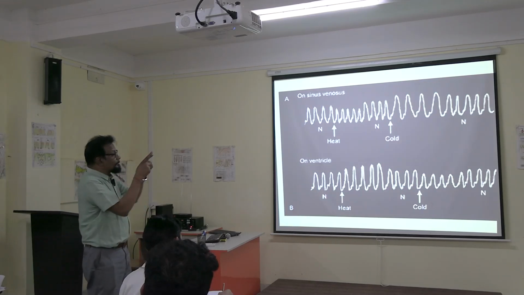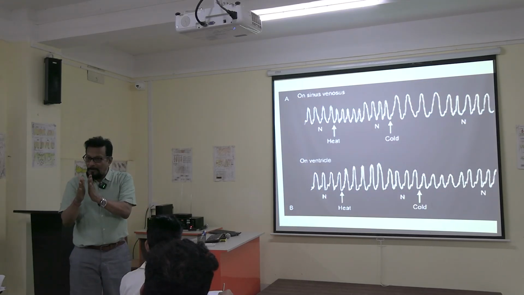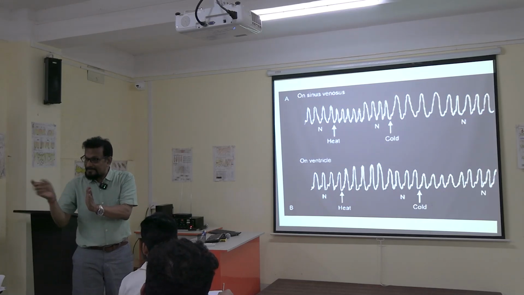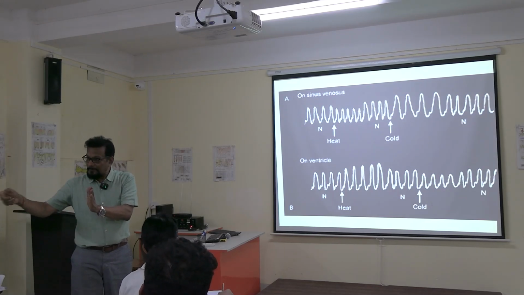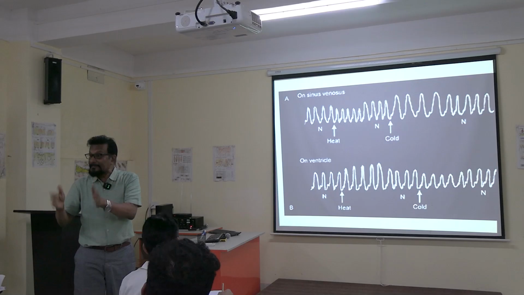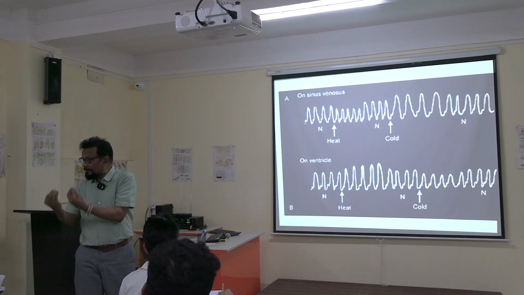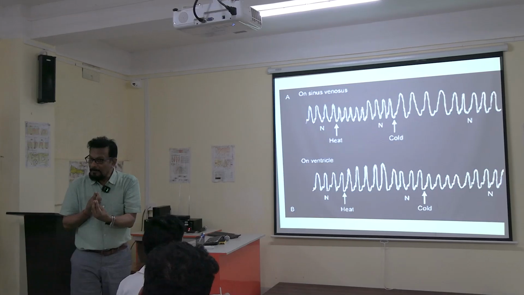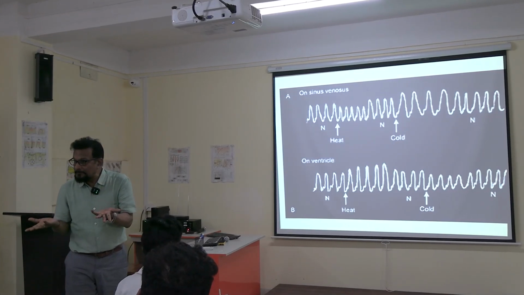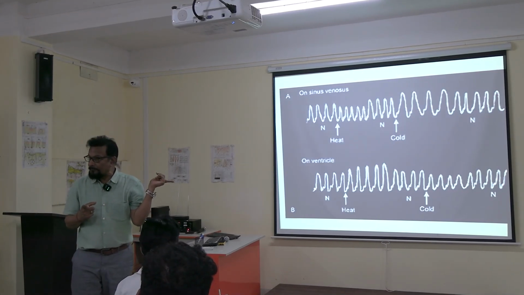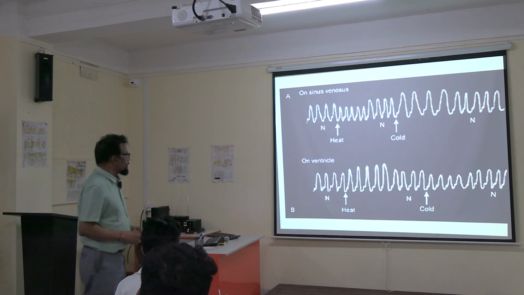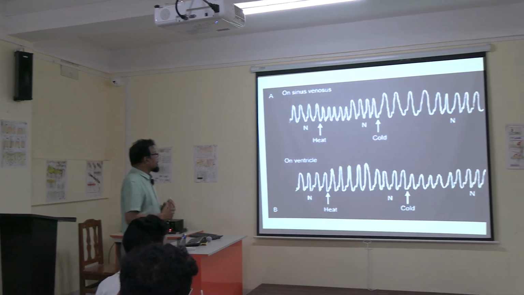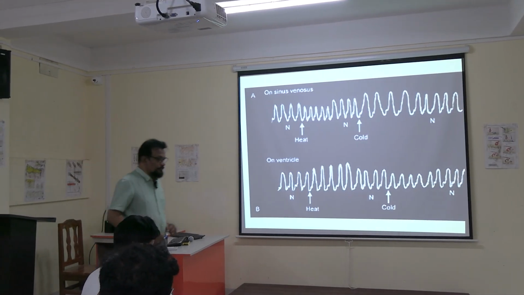All the beats are at a similar distance. The gap is the same. That is rhythmic. Where is this stimulation coming from? The SA node. Where is it located? In the case of the frog, in the sinus venosus.